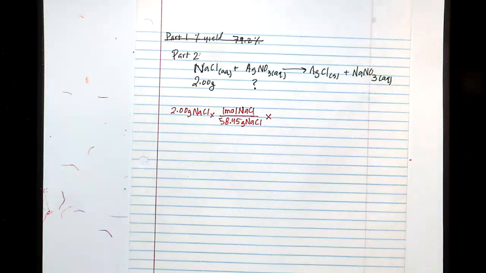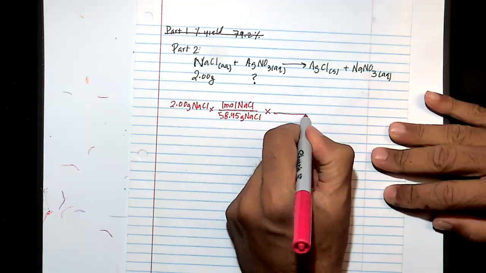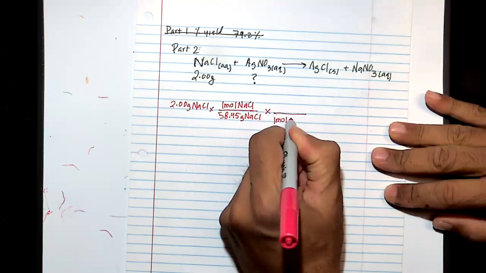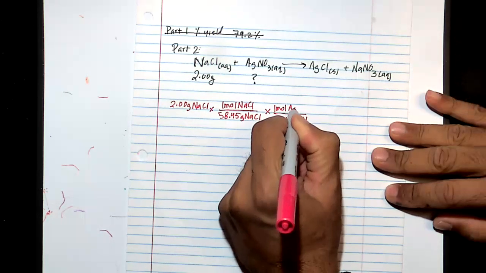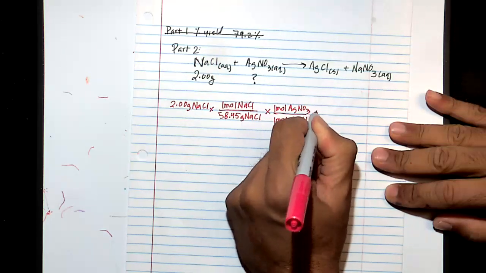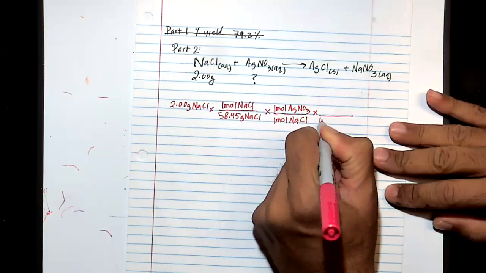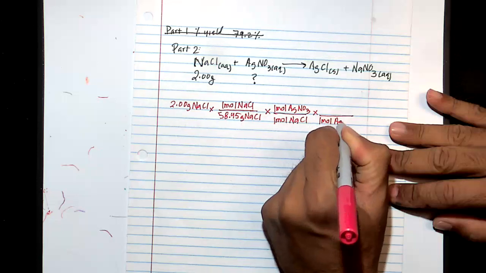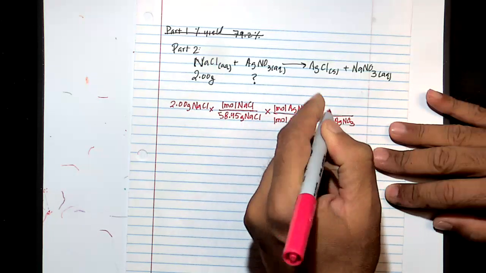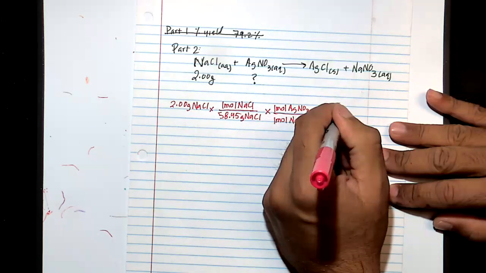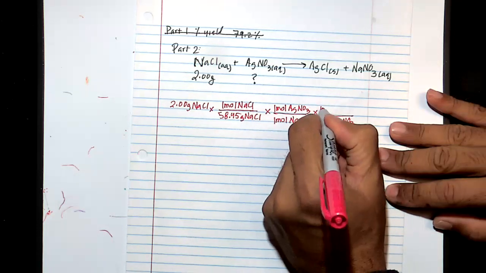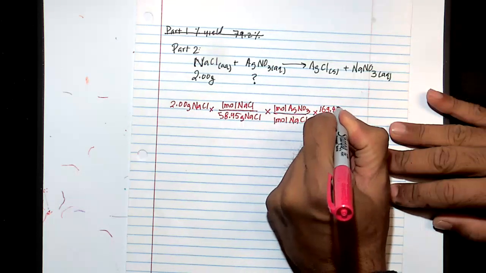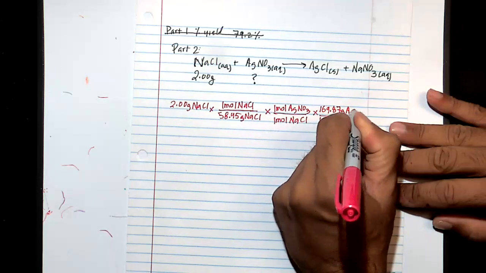That's 1 to 1, very good. That's why we always balance. And 1 mole of AgNO3 has how many grams of AgNO3? 1 mole of AgNO3 has 169.87 grams of AgNO3.